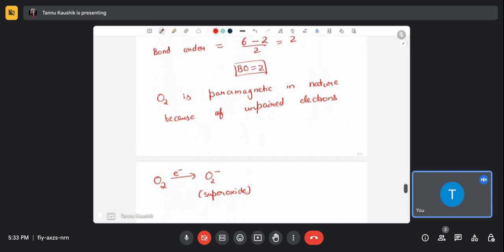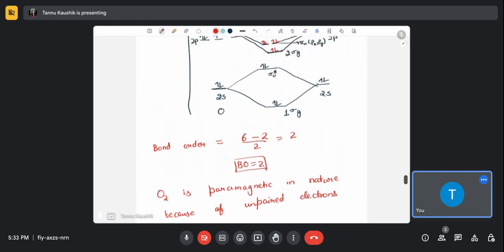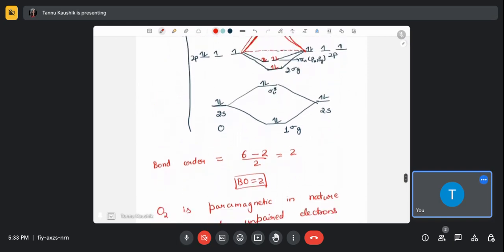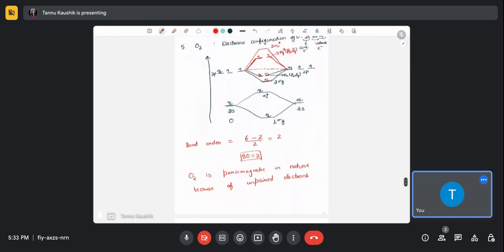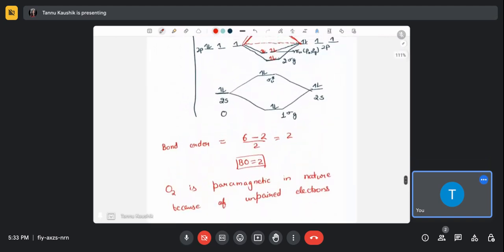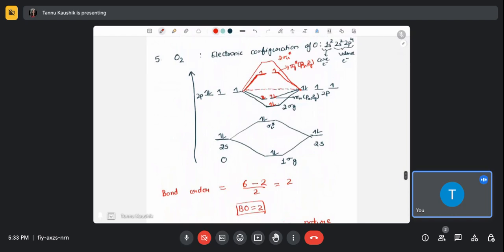So when we remove electrons, they will be removed from the highest occupied molecular orbital. But when we have to add an electron, it will be added in the lowest unoccupied molecular orbital, which is sigma u star here.